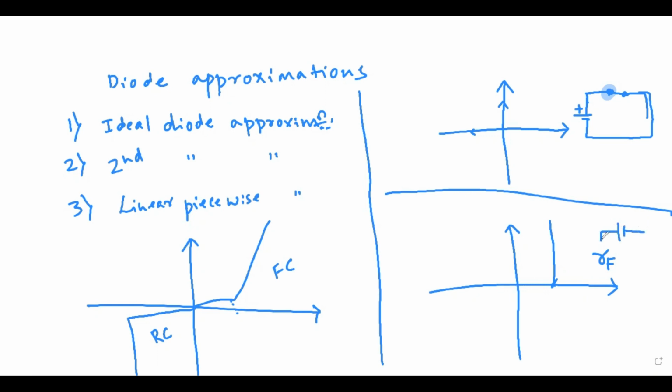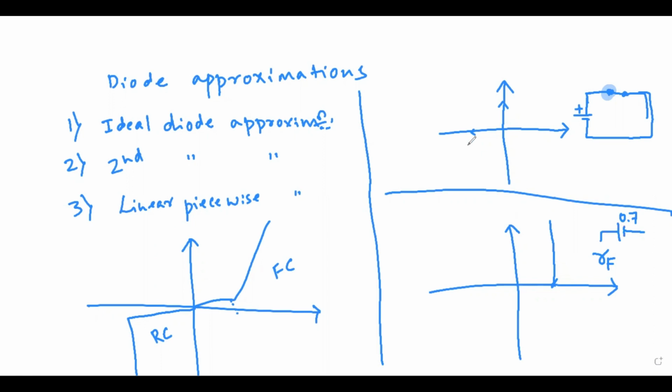Instead of a diode, we can use a voltage source with the depletion region voltage. For example, for silicon, we use 0.7. Up to 0.7 there is no flow of current, but after 0.7, the current increases.